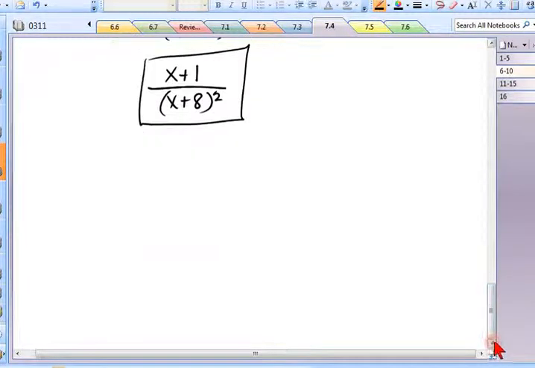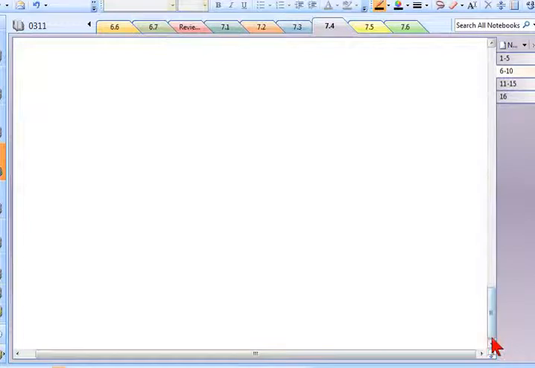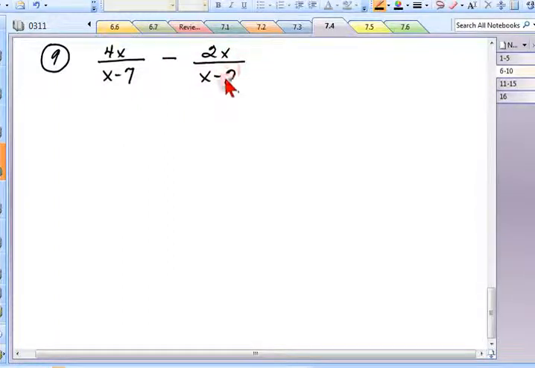All right, next problem is going to be a little bit longer. Number 9. I have 4x over x minus 7 minus 2x over x minus 2. Can you factor either of those denominators? No. So x minus 7 is all I can do with that, and x minus 2.